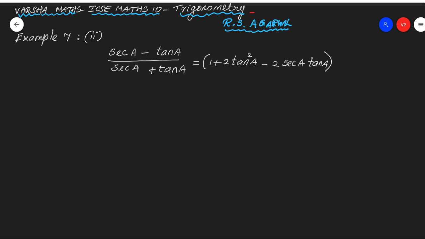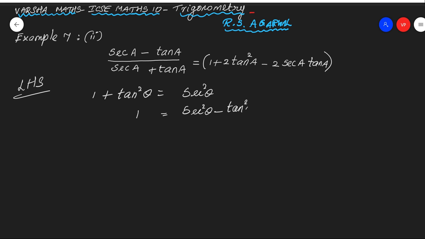So kids, take your LHS. Before that we should know the basic identity that includes tan theta and secant theta. What is that identity? That is 1 plus tan square theta is equal to secant square theta. Keep this one here, so we get secant square theta minus tan square theta equal to 1.